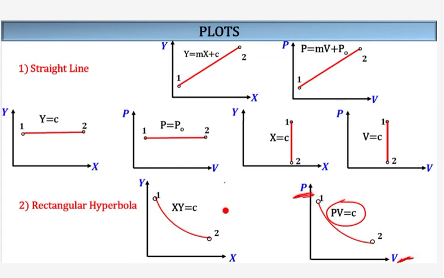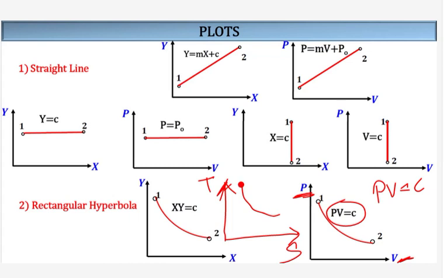But if I talk about a TS plot, can we show the PV equals to constant graph like this only in TS? No. Here, if I am plotting T and S, I should have a relation for temperature and entropy.